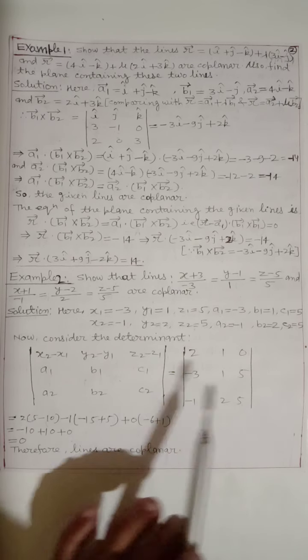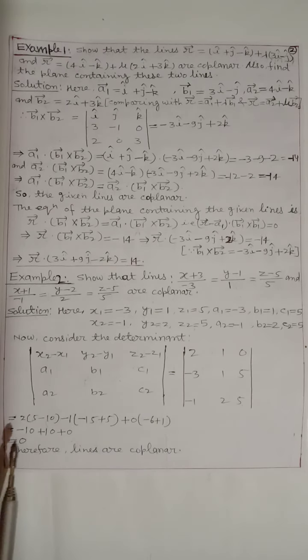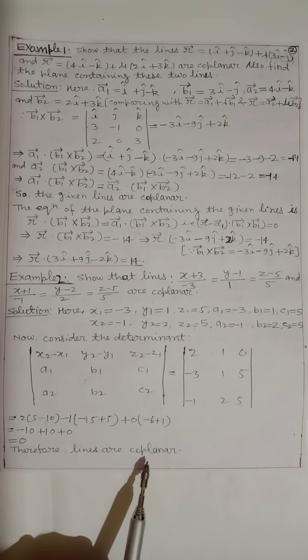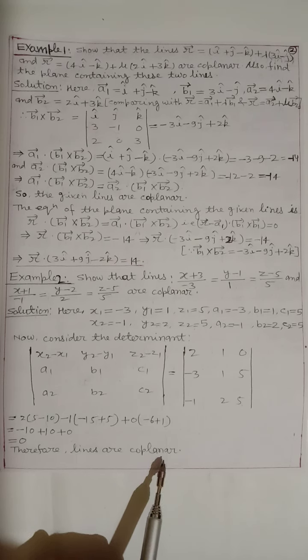When we solve this determinant, we get the value equal to 0. Therefore we can say that the lines are coplanar.